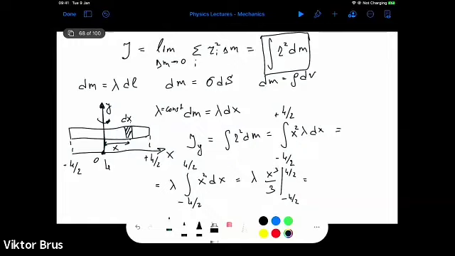So what it will be: lambda L cubed divided by 8 minus, then we have minus L cubed because we have negative L, minus L divided by 2. And that's why we sum them up.